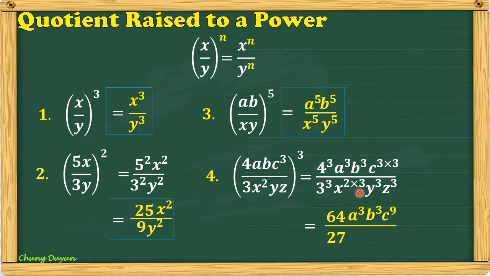So, 2 times 3 is equal to 6. So, we'll have here x raised to 6. Then, we will copy y cube. Then, copy z cube. Therefore, our answer is 64 a cube, b cube, c raised to the 9th power, all over 27 x raised to 6th power, y cube, z cube.